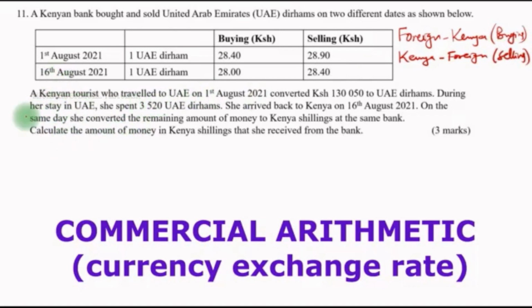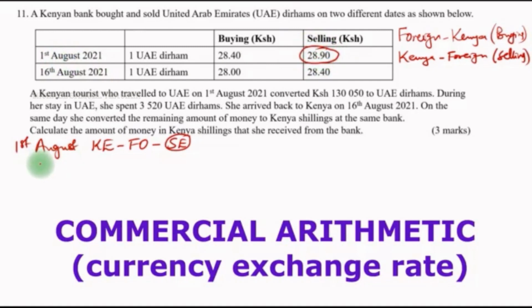So on 1st August, the tourist converted Kenyan shillings to UAE dirhams, that is from Kenyan currency to foreign currency, so we use the selling column rate. And the exchange rate here, for 1st August, is this part.